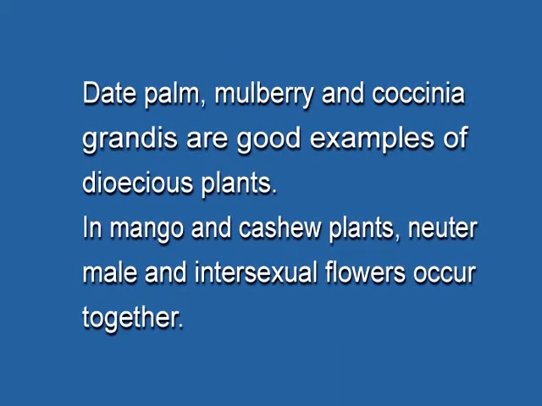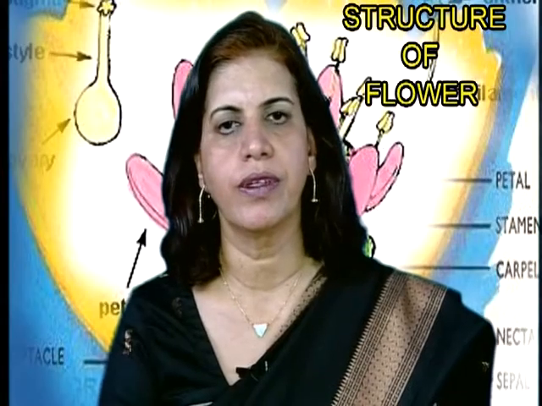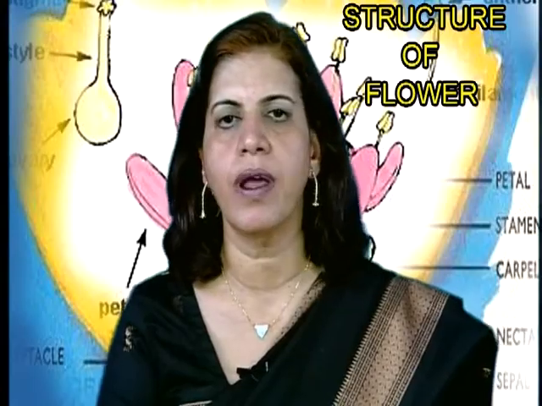Date palm, mulberry and Coccinia grandis are good examples of dioecious plants. In mango and cashew plants, neuter male and intersexual flowers occur together. That means they are present in the same plants.